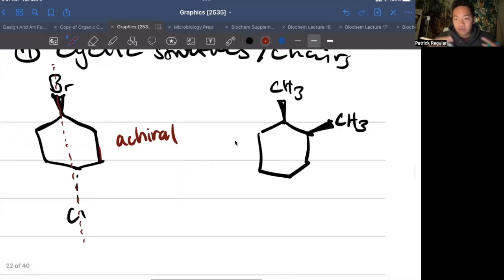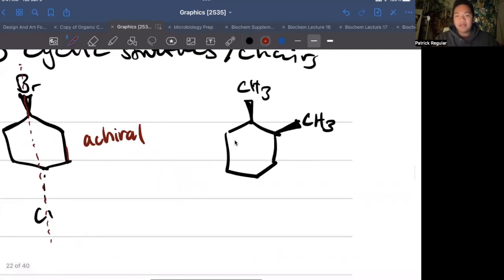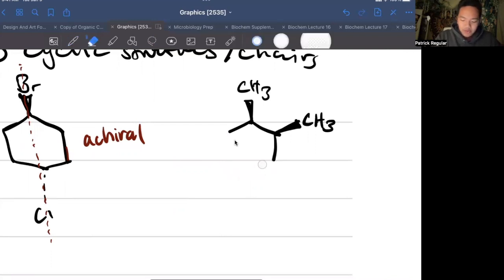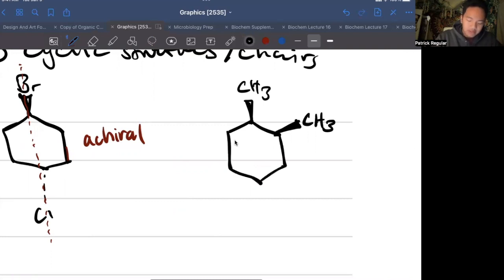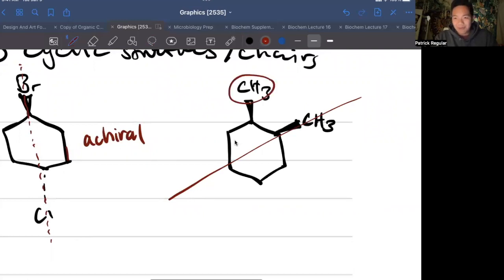Let's start poking at some other examples, see if we can get the ball rolling. Okay, look at this one. Is this chiral or achiral? Does it have an internal line of symmetry? Well, let's take a look at some possible ones. So let me redraw this cyclohexane a little more pretty. If we were to draw that line of symmetry down here, is that symmetrical? No. This has a methyl group, this does not.